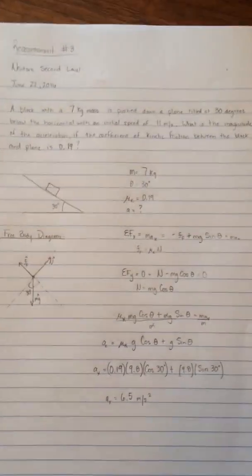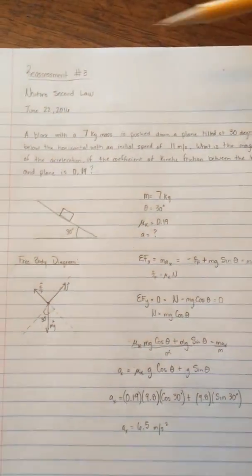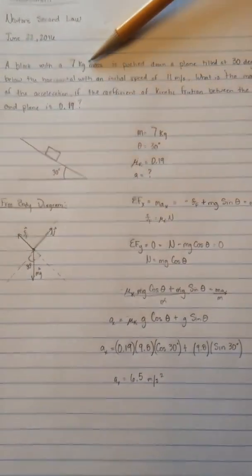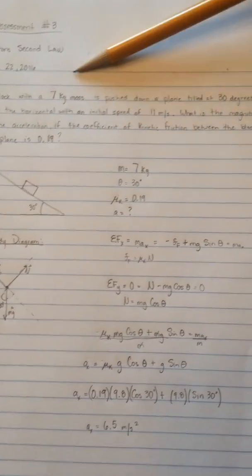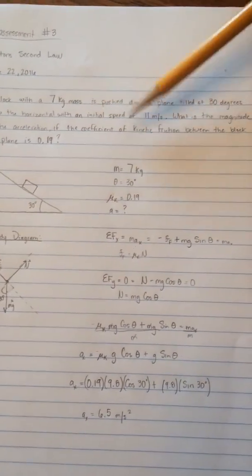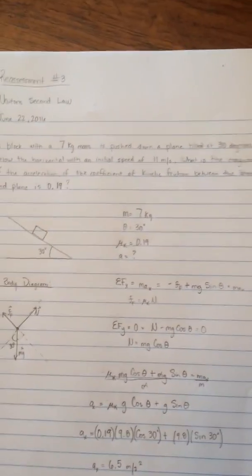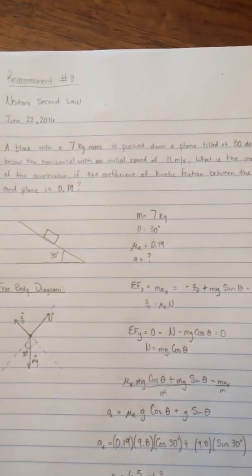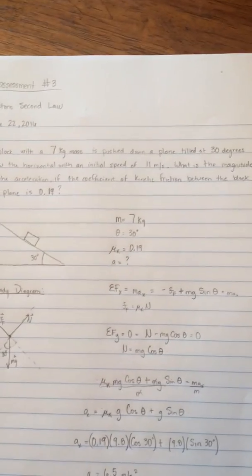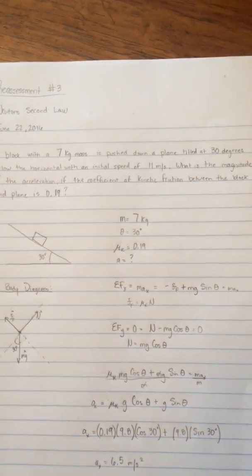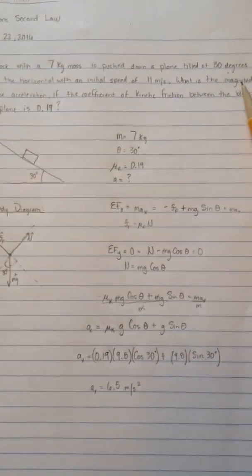Okay, so this problem is on Newton's second law. In this problem I have a block that has a mass of 7 kilograms. It's pushed down a plane that's tilted at 30 degrees below the horizontal with an initial speed of 11 meters per second.